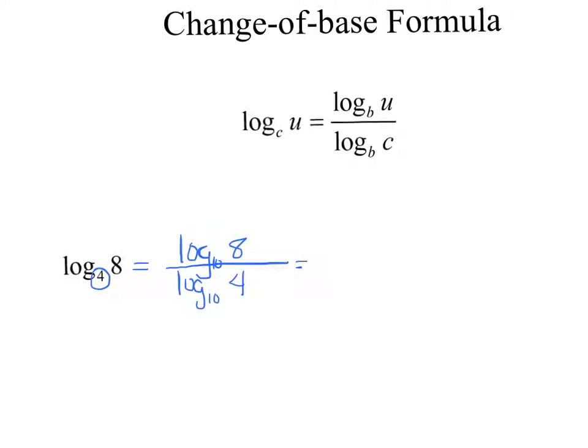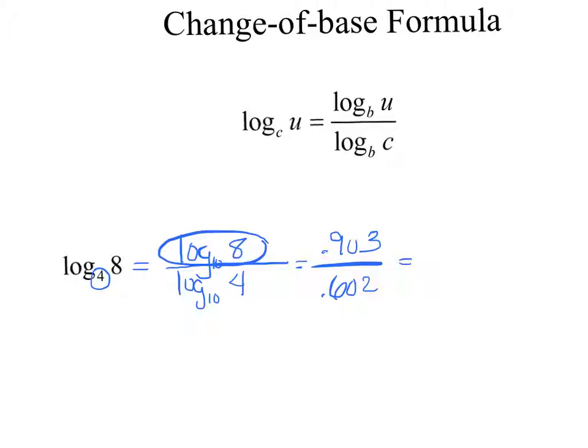And now what you can do is you can plug this in the calculator, and let me just do that real quick. Log, log, log. There it is. So I get 0.903, and then log base 10 of 4, we get 0.602. And we can take and divide.